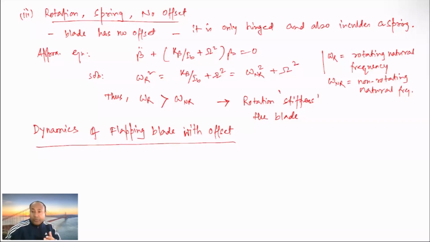We continue discussing this flapping blade model dynamics. Just to recap, we have looked at the simplified system with no offset, considering different combinations: with rotation, without rotation, with spin, without spin, and both having spin and rotation with no offset.